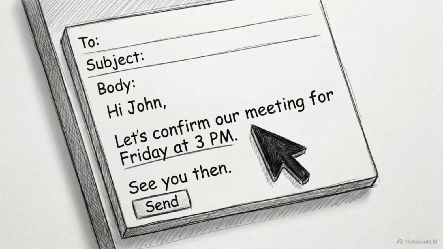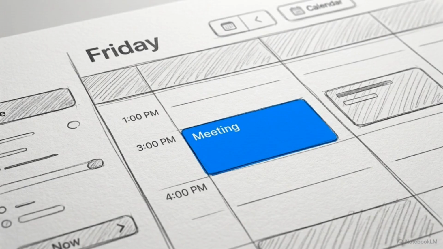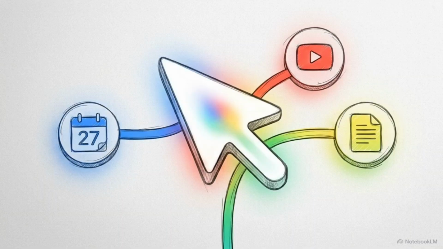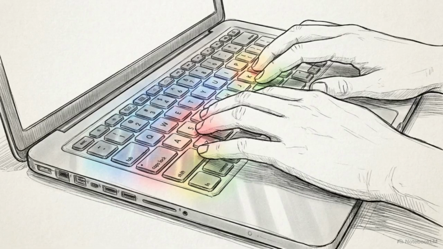Point at an email, it identifies unstructured dates, converting them to calendar events. The cursor functions as a universal semantic bridge, allowing data to flow between applications without the need for custom integrations or APIs.